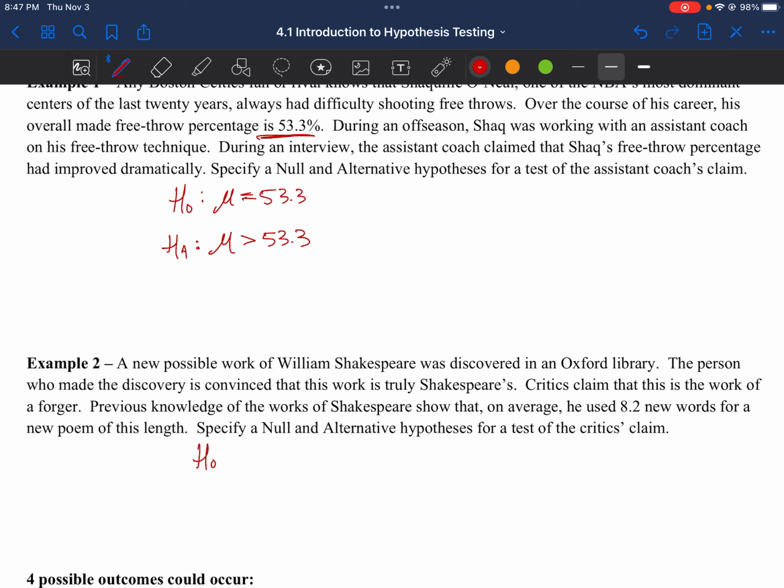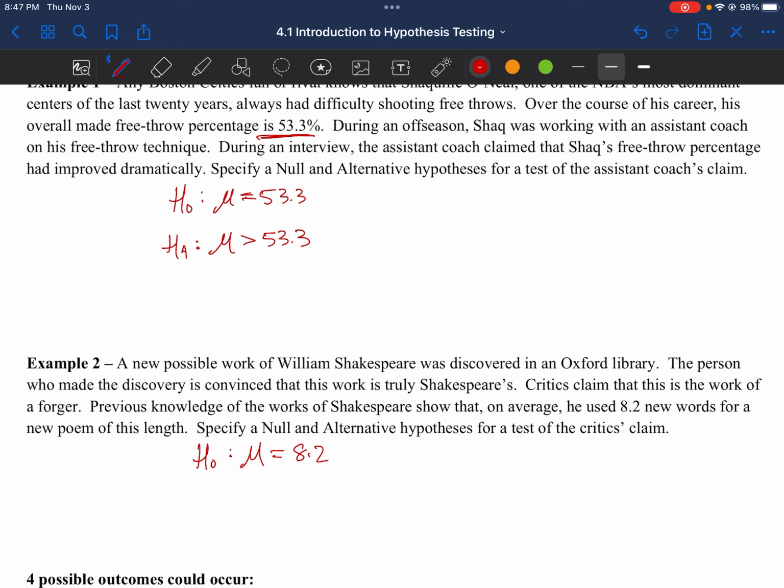Okay? So again, you find this work, this poem, it's signed William Shakespeare. To anybody, and it's from the right time era, it was preserved. So to the observer, the person who discovered this, they think that, you know what? This is William Shakespeare, so his average is probably going to be about 8.2 new words for this poem. All right?